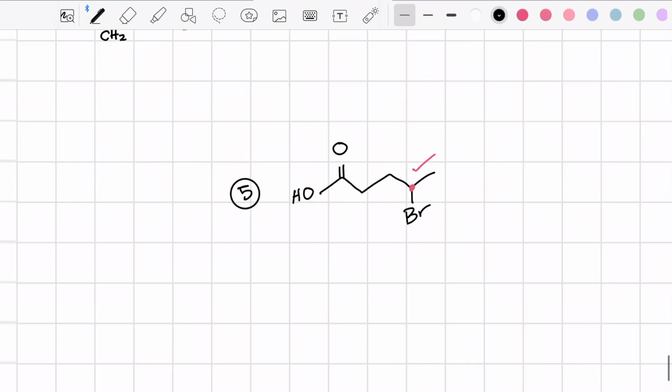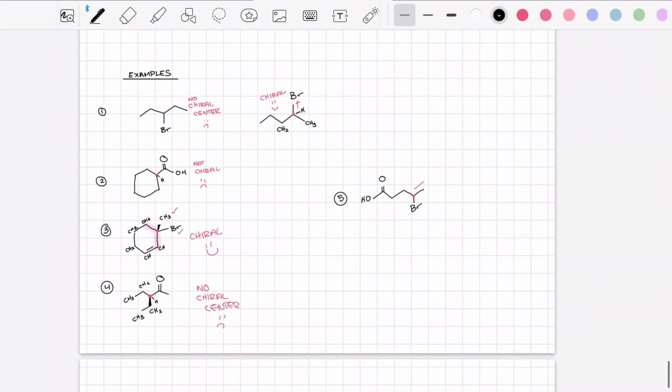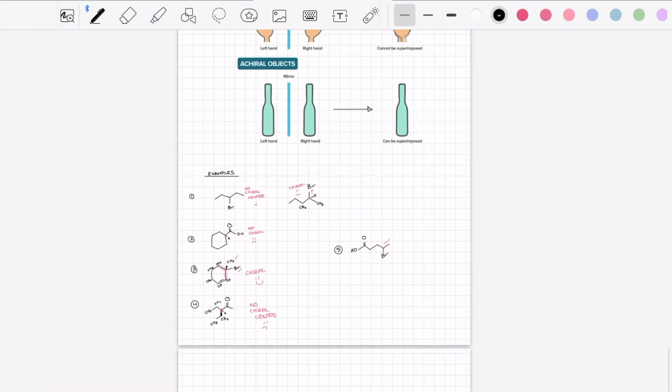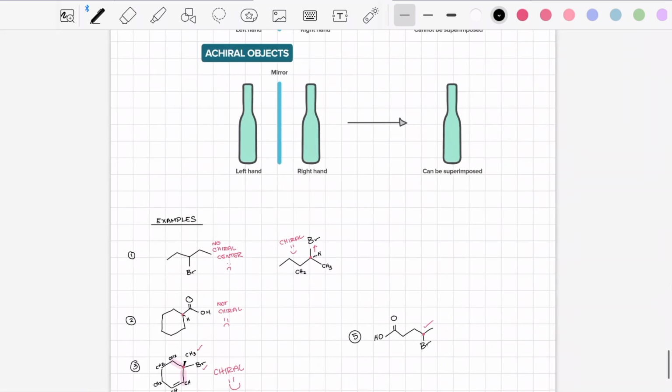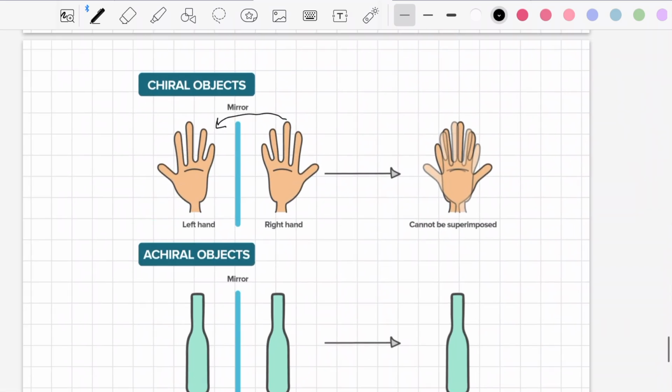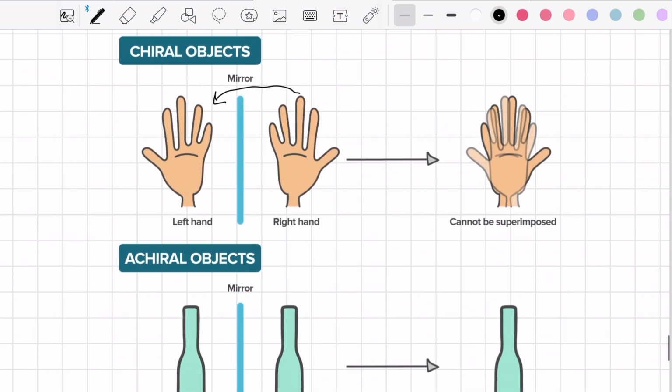So a few things to review. There's asymmetric centers, there's chiral centers, and achiral centers. Chiral centers cannot be superimposed.